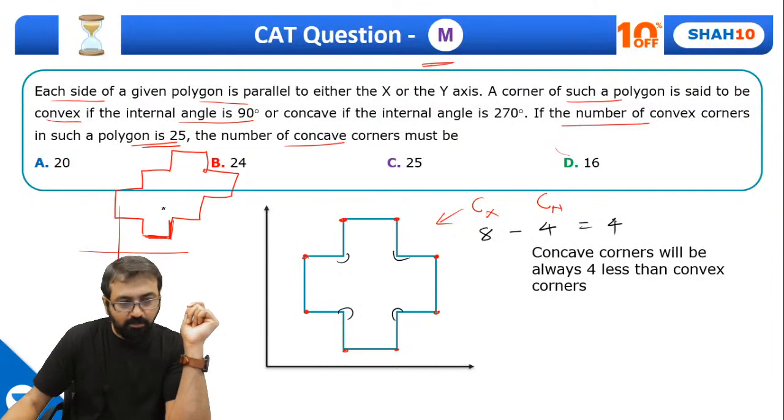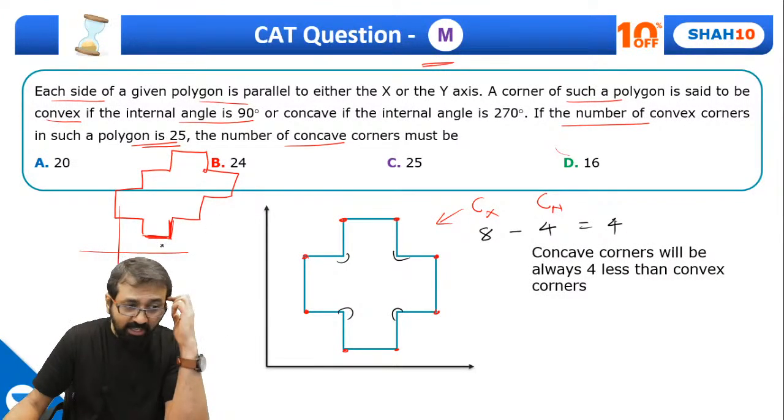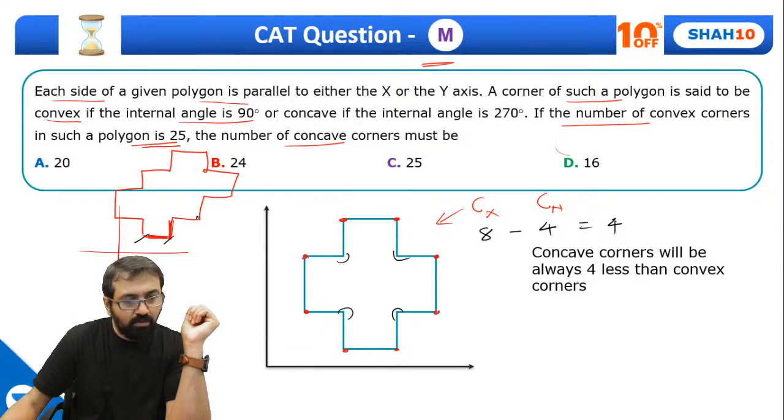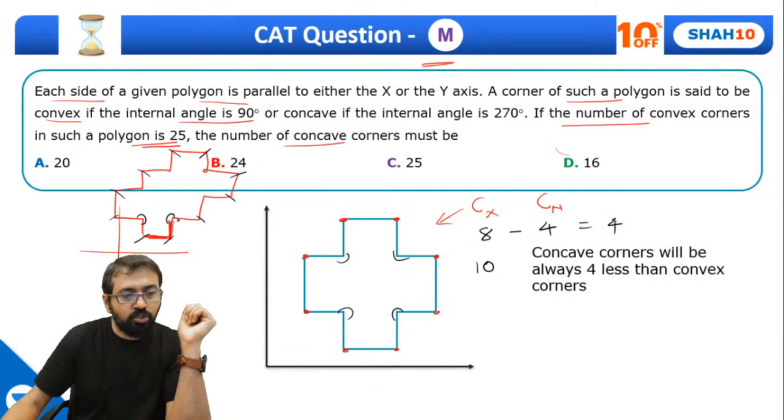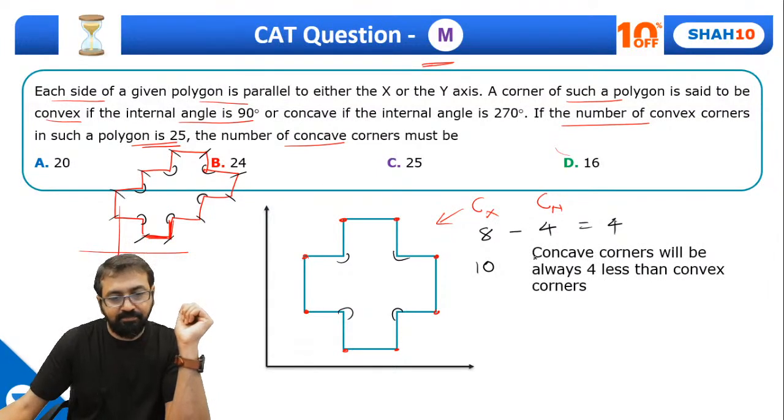Let's check this one, everyone. So 1, 2, 3, 4, 5, 6, 7, 8, 9, 10. So there are 10 convex corners and concave corners 1, 2, 3, 4, 5 and 6.